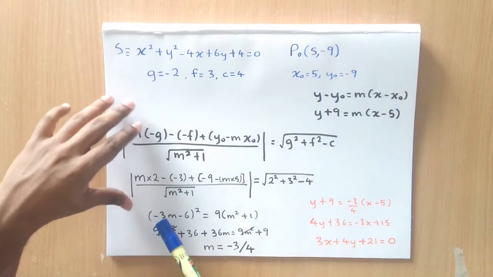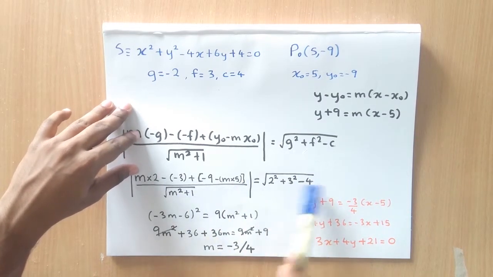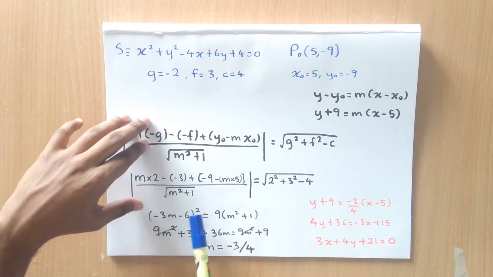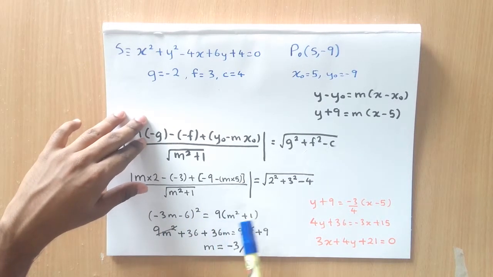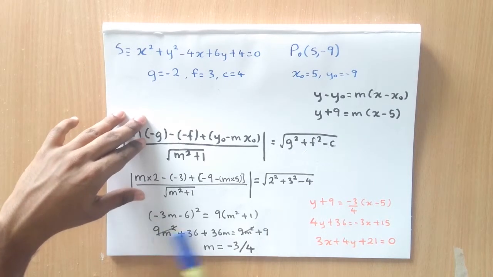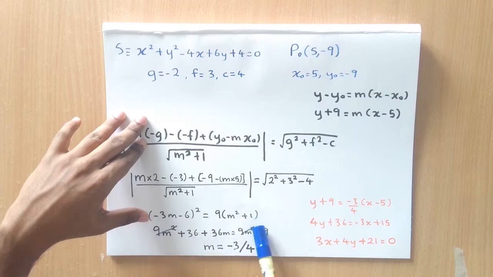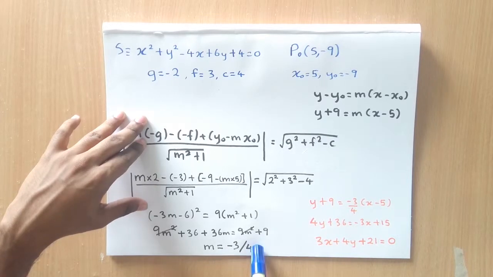The first step we do is square both sides of the equation and move the denominator across. So this will give us minus 3m minus 6 whole squared equals 9 into m squared plus 1. When we open these brackets, we can see that 9m squared cancels off from both sides and we remain with m equals minus 3 upon 4.